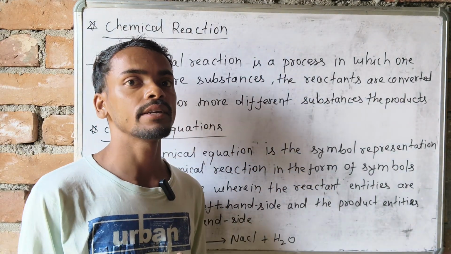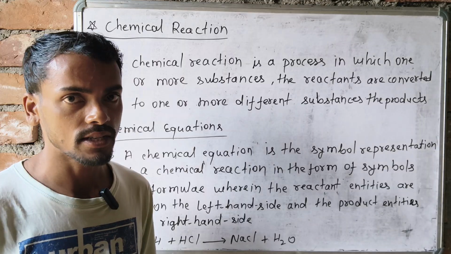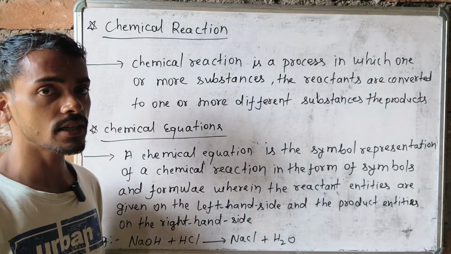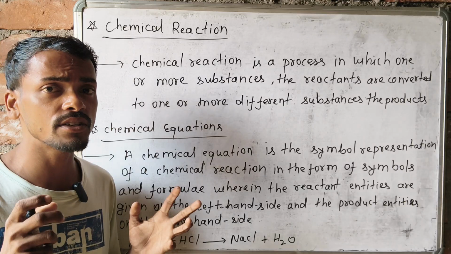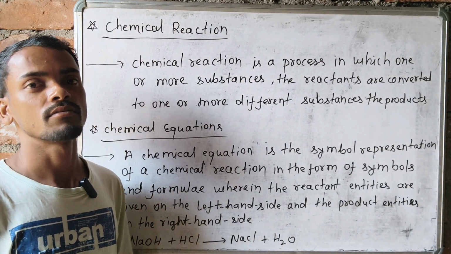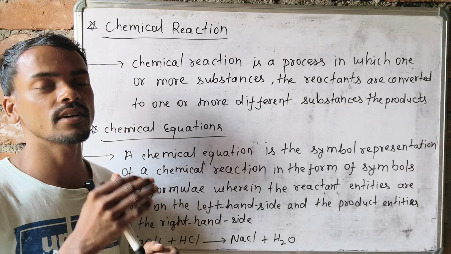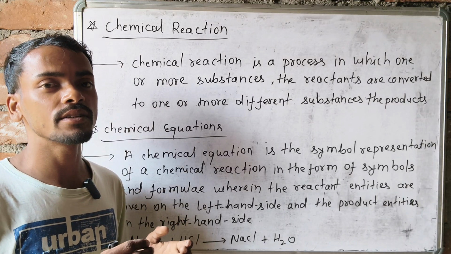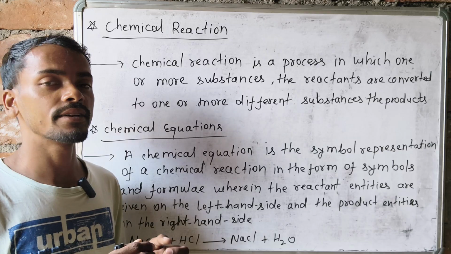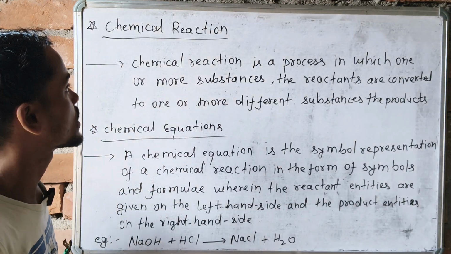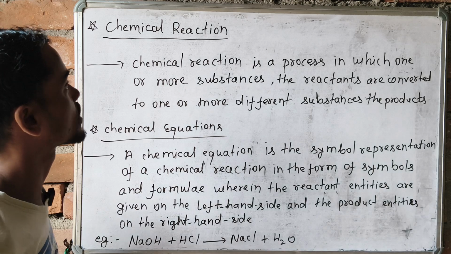In that we get new things. That is why we can say that a chemical change is a chemical reaction. When we see a chemical change, we can say it is a chemical reaction. And that is the definition of a chemical reaction.